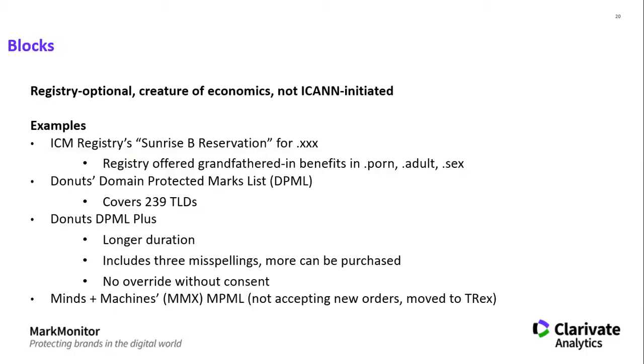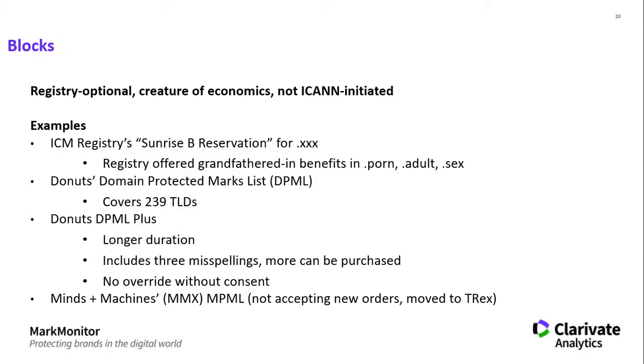The first concept that I'm familiar with where a registry did this was in the highly controversial .XXX launch. This was actually prior to the new gTLD program, but ICM registry allowed trademark owners to protect their brands by purchasing from the registry through their registrar a block, and that would not give the brand owner the domain name, but would preclude registration of that trademark term to the left of the dot in the TLD.